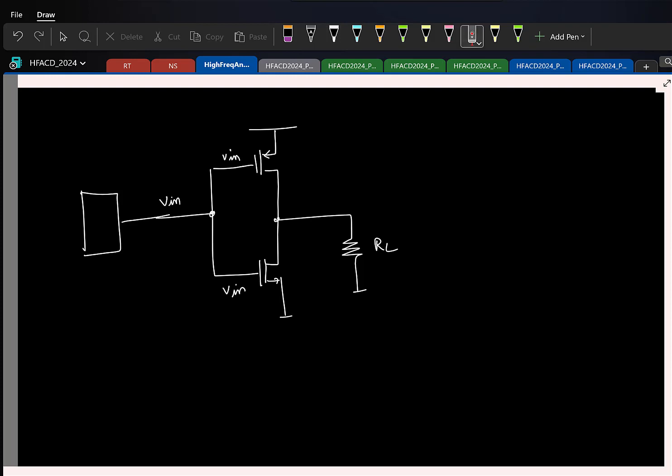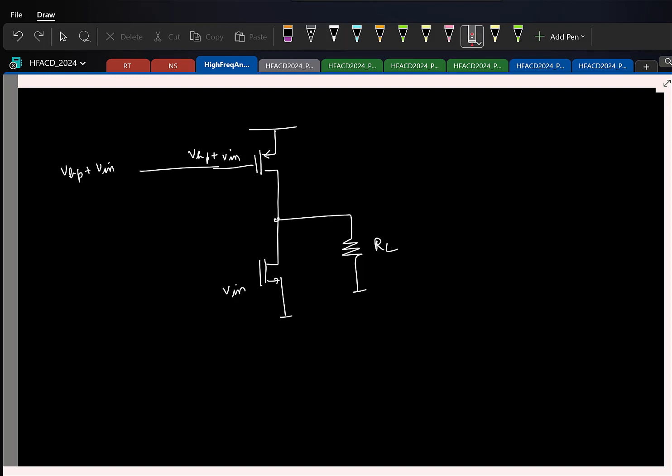But remember that the bias from the previous stage might be compatible with only one of the transistors typically. We already saw this while designing two-stage op amps. Let us say the voltage coming from the first stage is only compatible with PMOS, so I can connect to the PMOS directly.